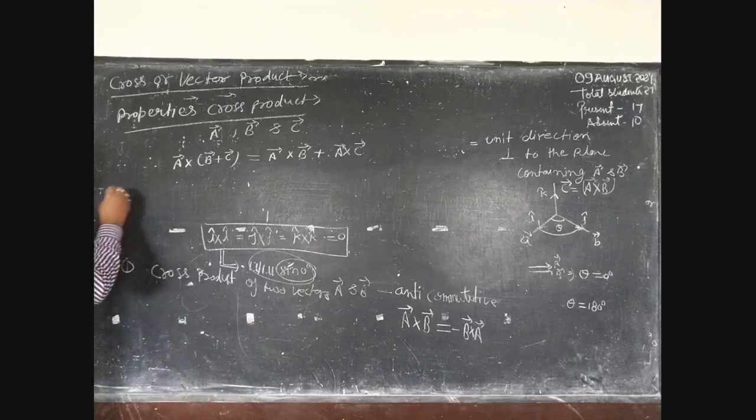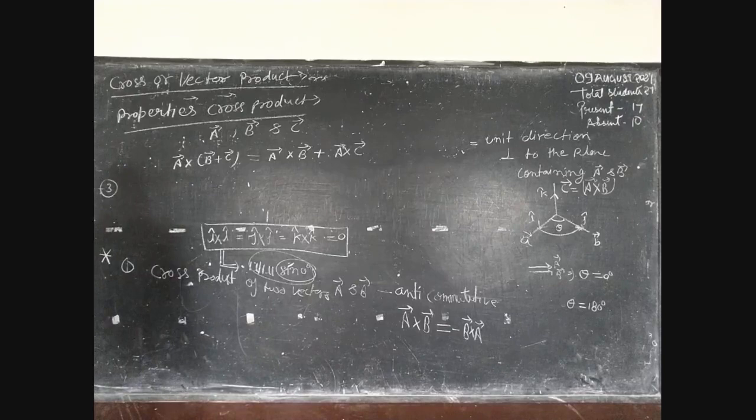Next, the cross product of three vectors is associative.